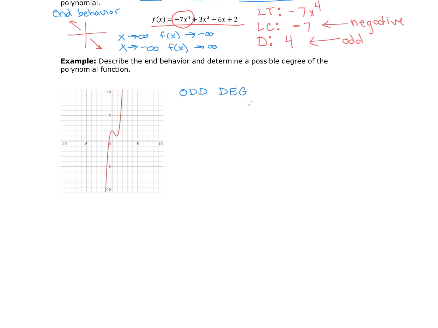And since it goes up this way, it's a positive odd degree. The end behavior would be described as x approaches infinity, the function approaches infinity, and as x approaches negative infinity, the function approaches negative infinity.